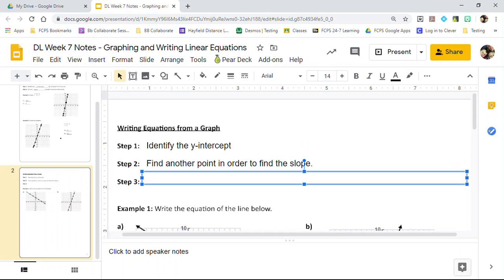And then our last step is to write in slope-intercept form. And remember, slope-intercept form is y equals mx plus b.